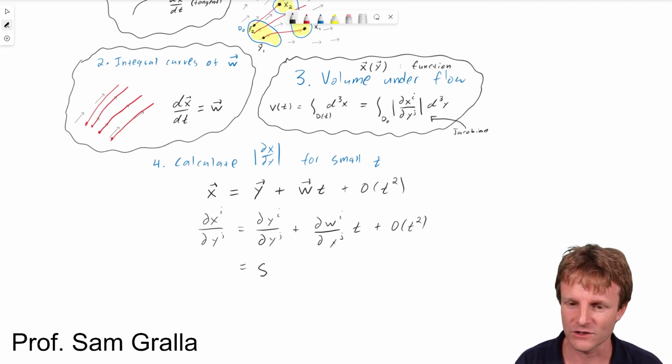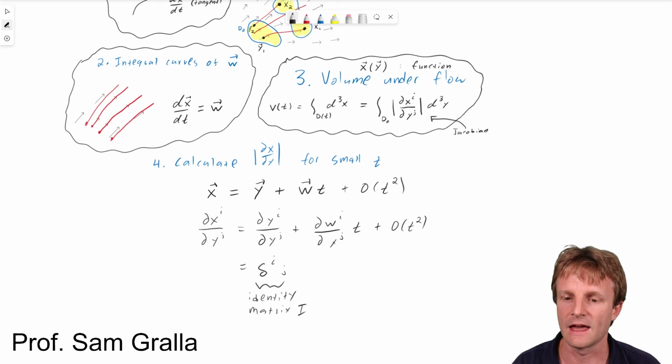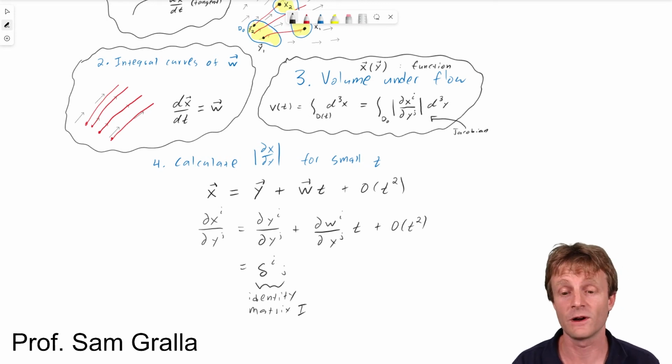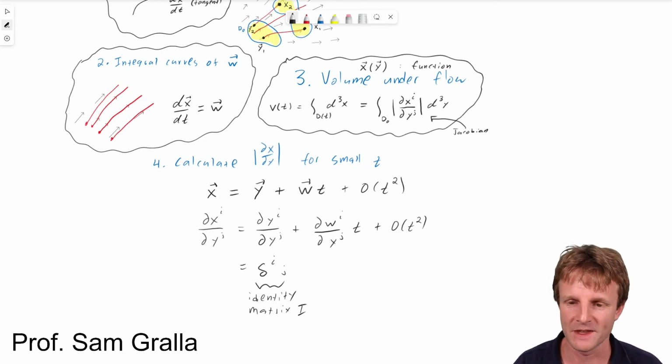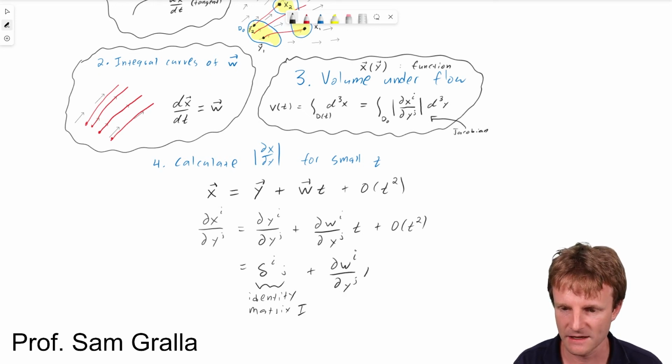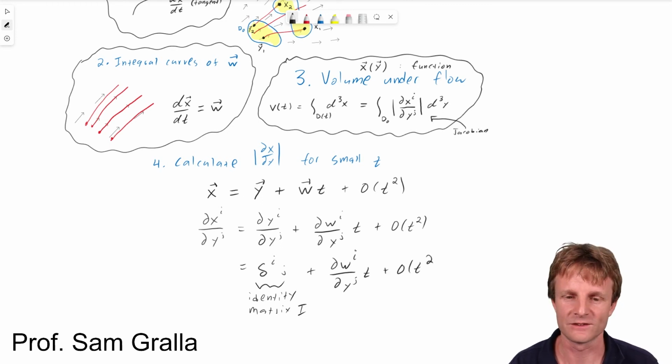So this thing is actually the Kronecker delta, which is another way of writing the identity matrix I. And this one here, dw_i/dy_j, we can't really do anything else with. Let's just write it again times t plus order t squared.